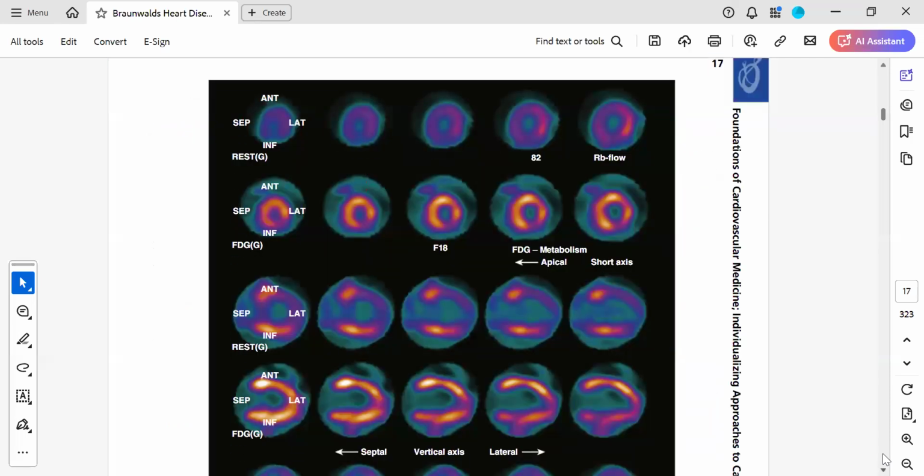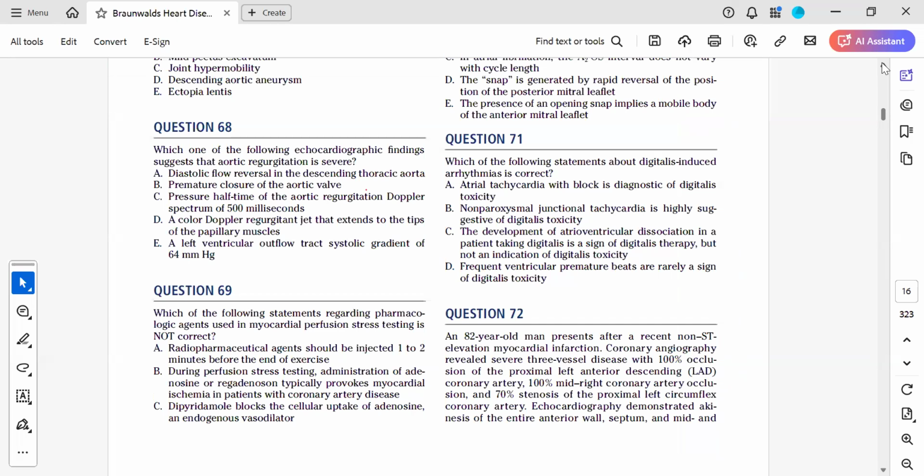Question 71 reads thus: Which of the following statements about digitalis-induced arrhythmia is correct? A. Atrial tachycardia with block is diagnostic of digitalis toxicity. B. Non-paroxysmal junctional tachycardia is highly suggestive of digitalis toxicity.